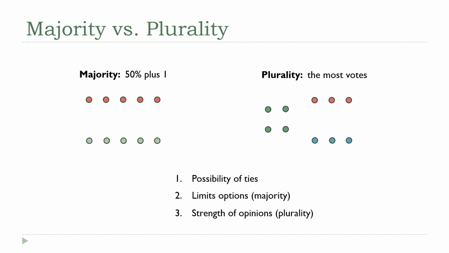So that 6-person group, they would have each been happier with either the blue candidate or red candidate than the person who actually won. So a problem with the plurality method in particular is that it doesn't take into account how much people care about the person that they're voting for versus the other candidates.